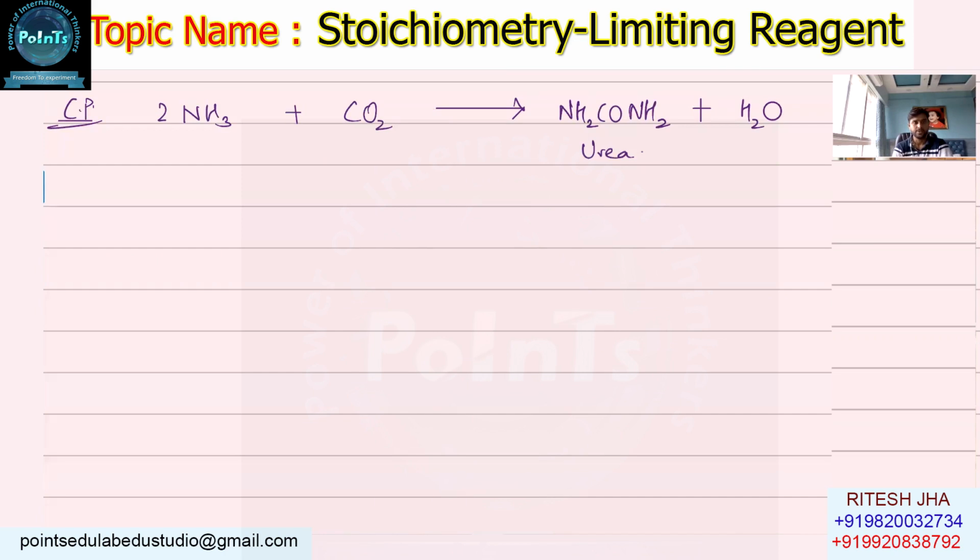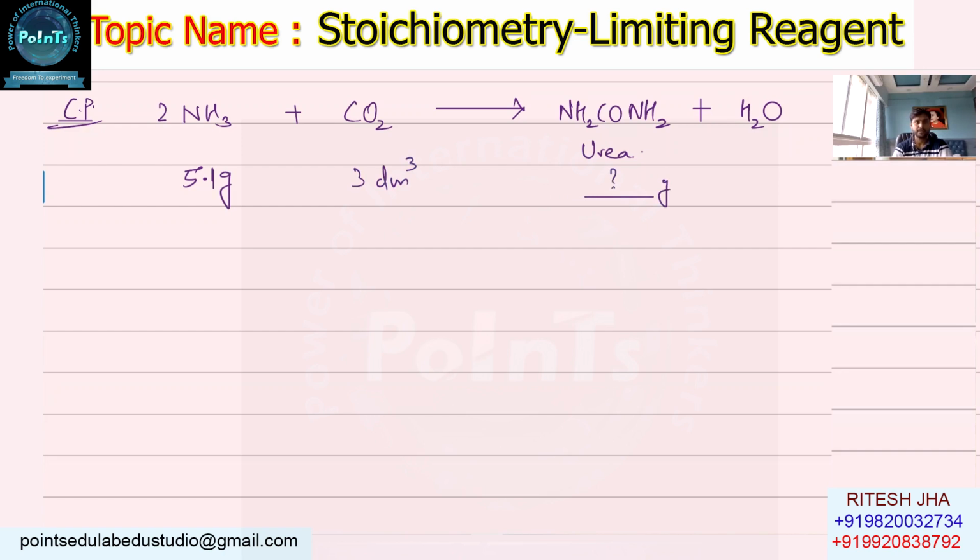What you're given is 5.1 gram of this thing, and 3 dm cube of this thing, and you have to determine how many grams of this thing is formed.